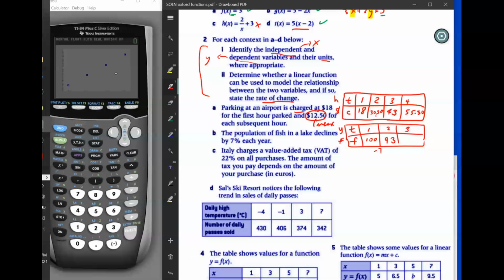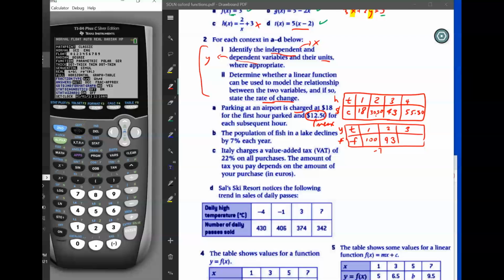Well, not anymore, because if it declines 7%, what we need to do is find out what 7% of 93 is, right? So we're going to take 93 and multiply it by 0.07, which is 7%, and we get 6.51.